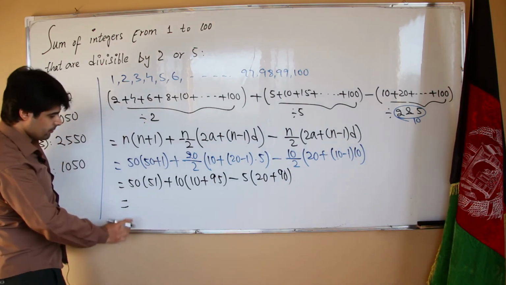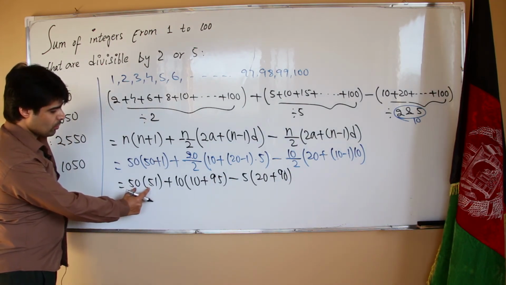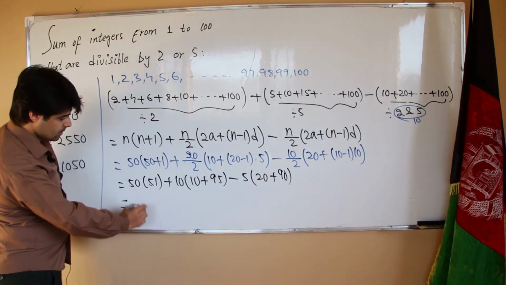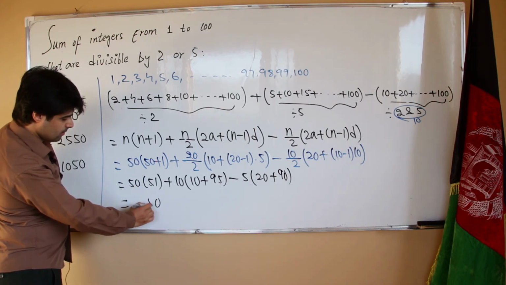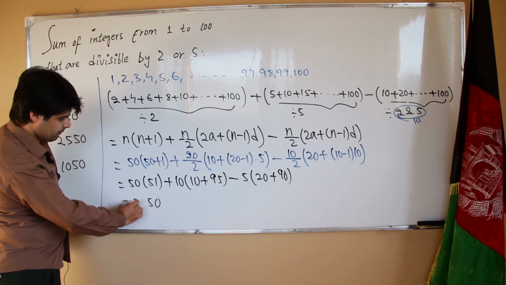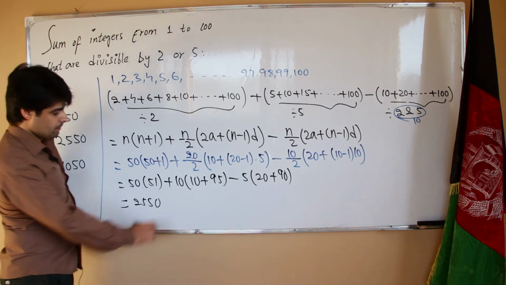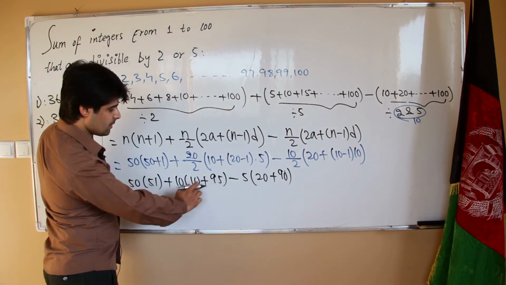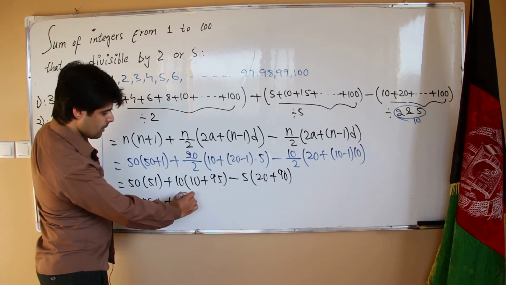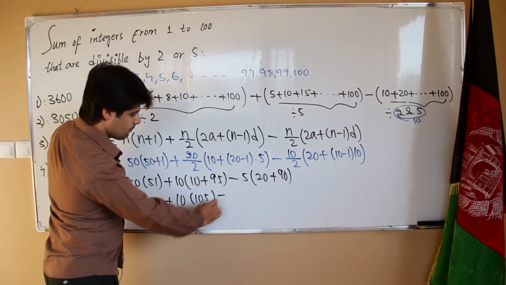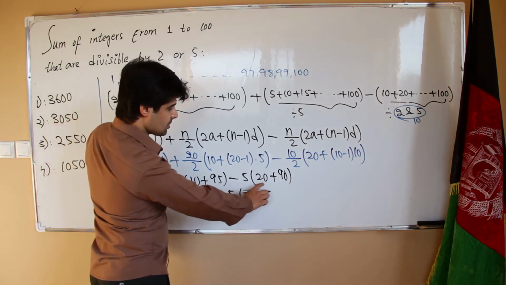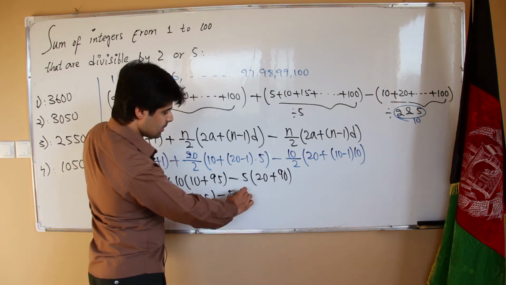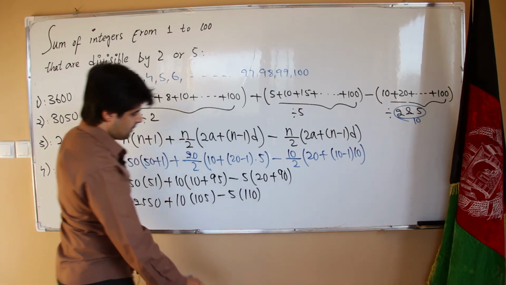Now we have, can you multiply these both terms? Yes, it is 25, 50. Plus 10, 10 plus 95, it's 105. Minus 5, 20 with 90, it's 110.